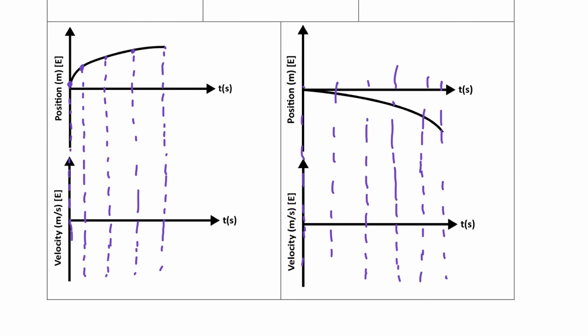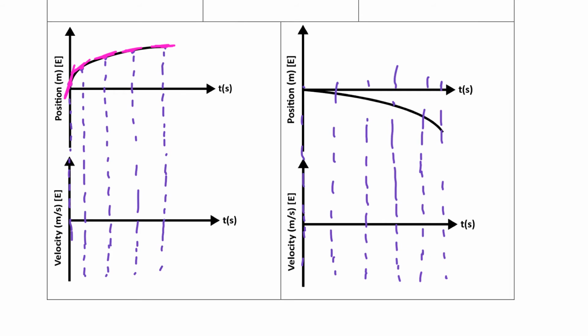Okay, now I have a good number of points. Let's draw some tangents for the position time graph. Starting here, the tangent is pretty steep. Less steep, less steep, less steep, kind of flat down there.